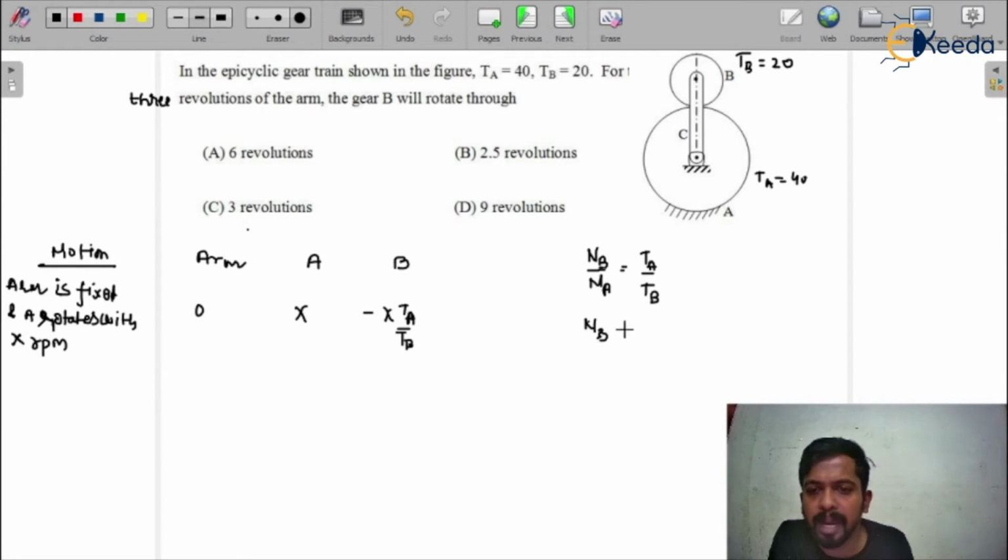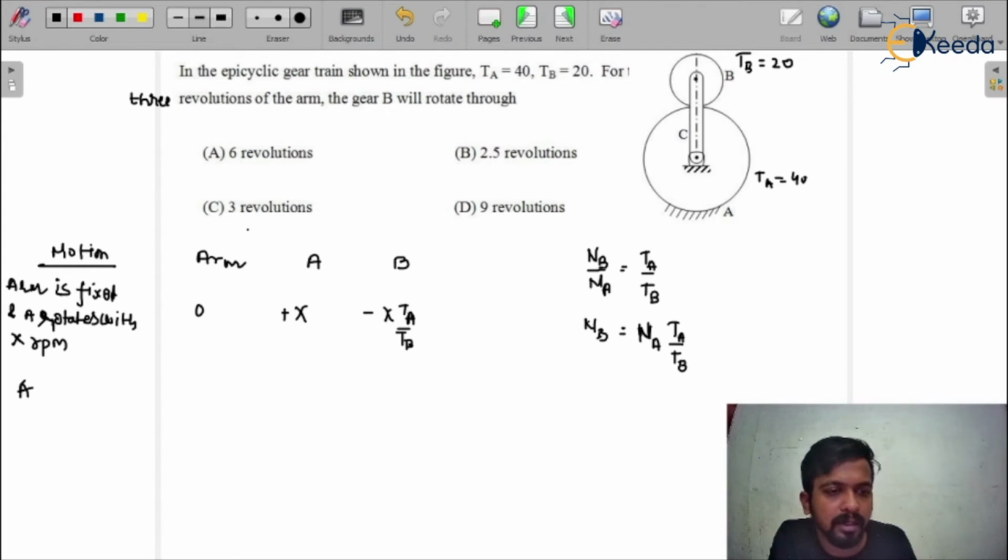On the magnitude basis, it would be Na Ta upon Tb. But you also have to see the direction. If x is in the clockwise direction, that is plus x, the mating gear B would be in the anti-clockwise direction. That's why I have written the speed of gear B this way, but this is the speed of A and B just when the arm is fixed.